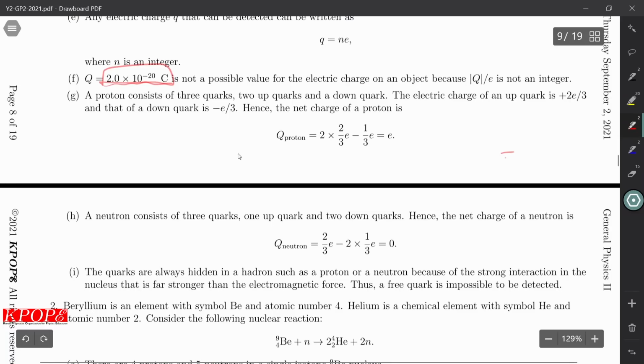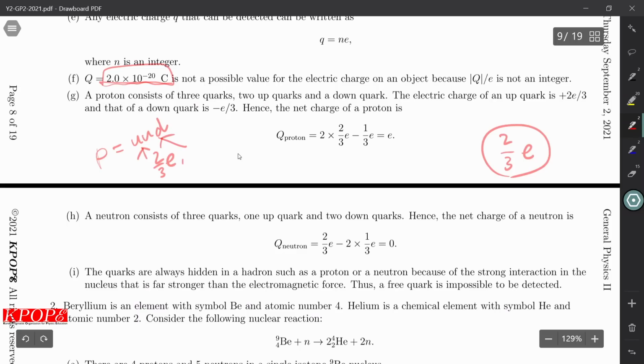However, this is possible because a proton is a sum of UUD: up quark 2/3, up quark 2/3, and down quark minus 1/3.